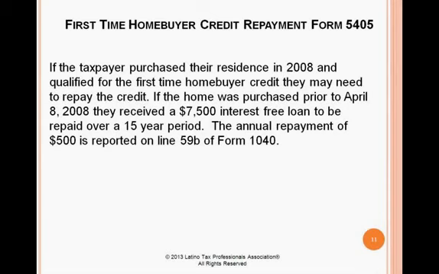If the home was purchased prior to April 8th, 2008, you received a $7,500 interest-free loan to be repaid over a 15-year period. The annual repayment is $500 and is reported on line 59B of Form 1040.